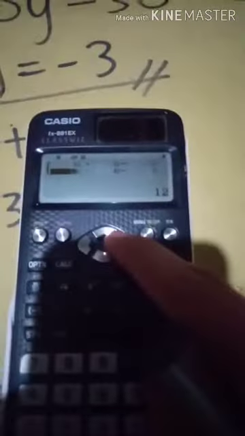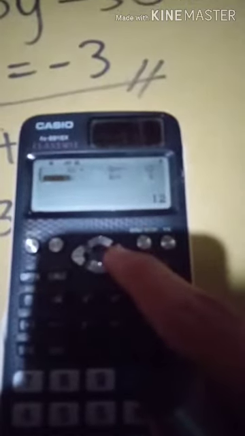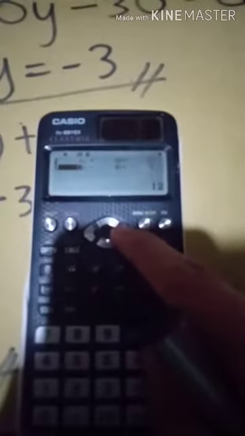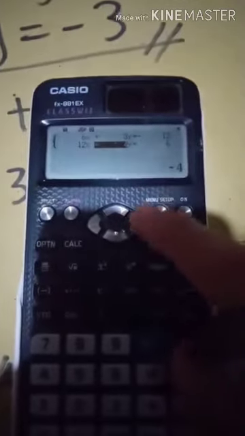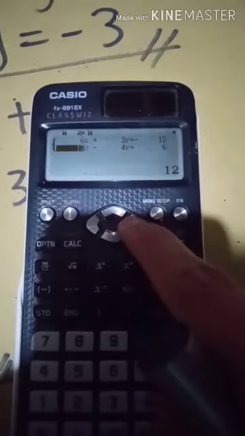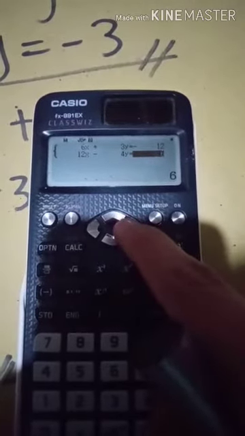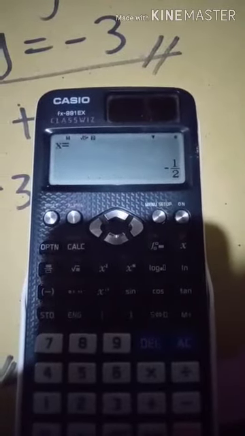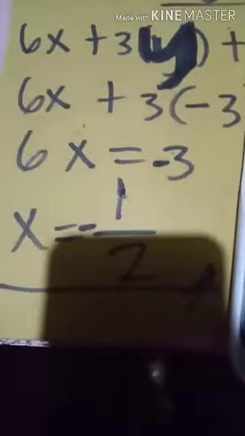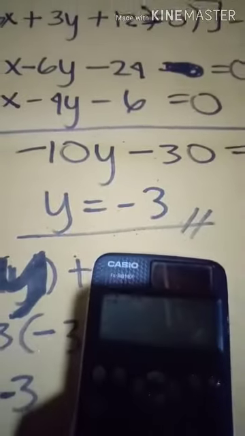So 12x negative 4y equals to positive 6. So ang answer is ang x na to is equals to 1/2, negative 1/2. So sakto. Yang y is negative 3. So sakto ta.